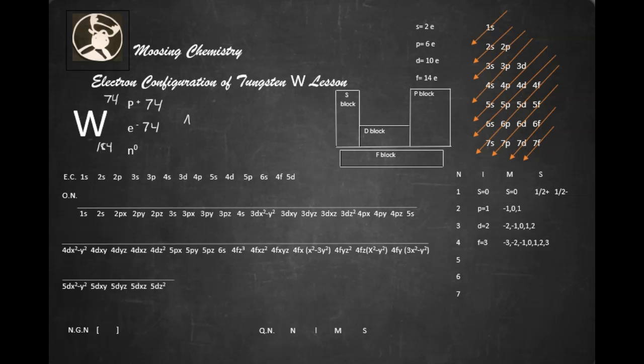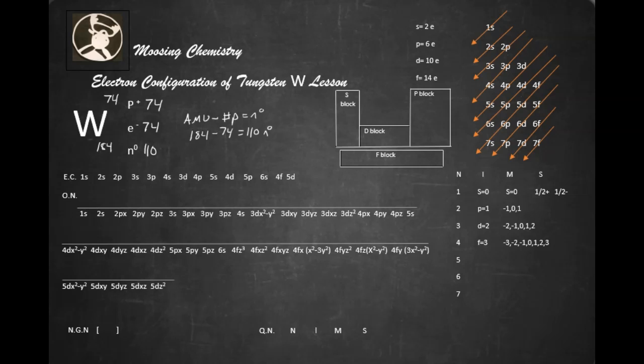To get neutrons, you go AMU minus the number of protons equals neutrons: 184 minus 74 gives me 110 neutrons.